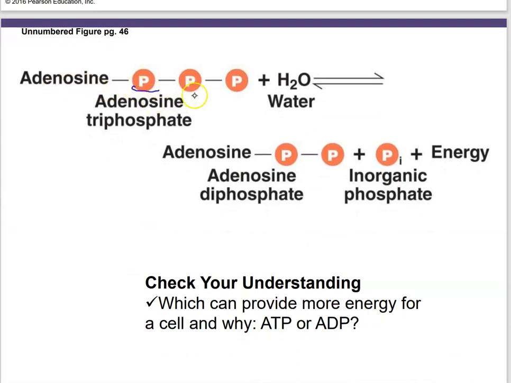Remember, adenosine means we have the adenine base plus the sugar component, and then 3 phosphates. By hydrolysis, we can split off the third phosphate right here, and that releases a significant amount of energy. So ATP provides energy for the cell because splitting off the third phosphate releases a bunch of energy.